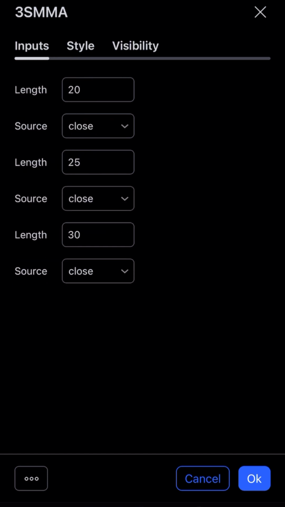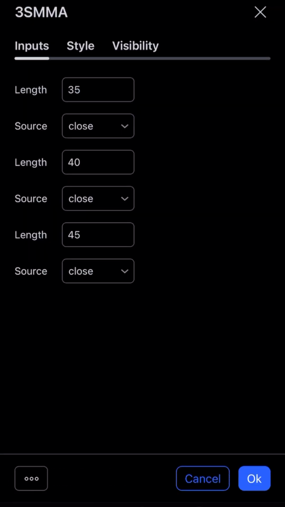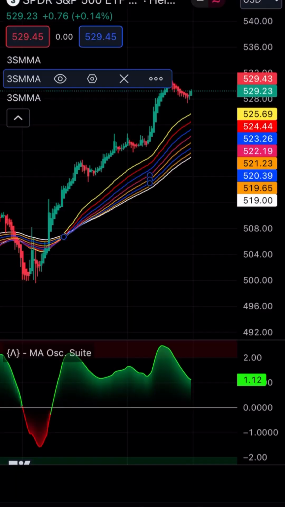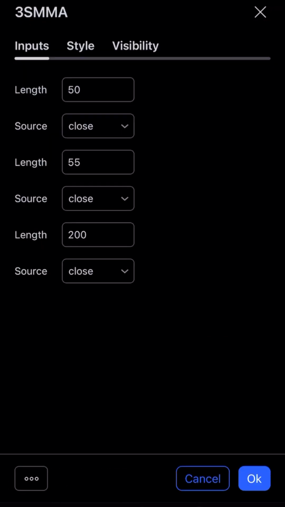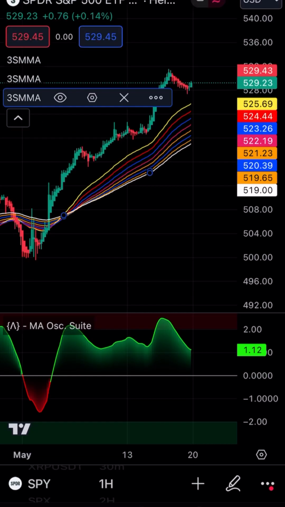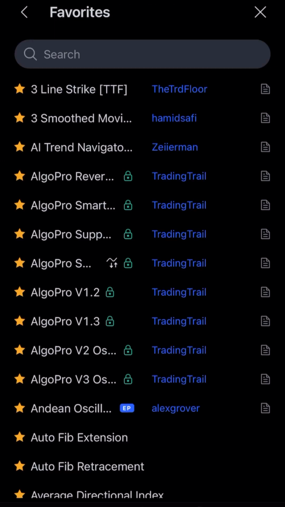You're going to have 20, 25, 30 for the first batch, and the next batch you're going to have 35, 40, 45, and make sure they're bright colors. The last one will be 50 and 55. You don't need the last one, so you're going to check that off. Again, make sure they're bright colors, and then you want to make sure you get the regularized.